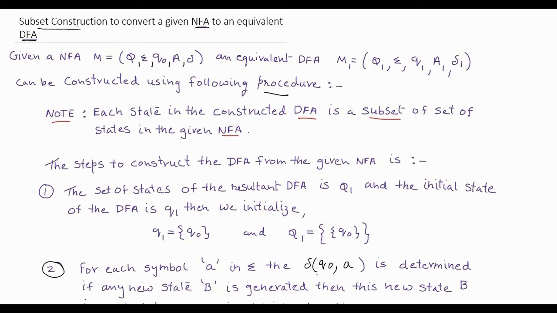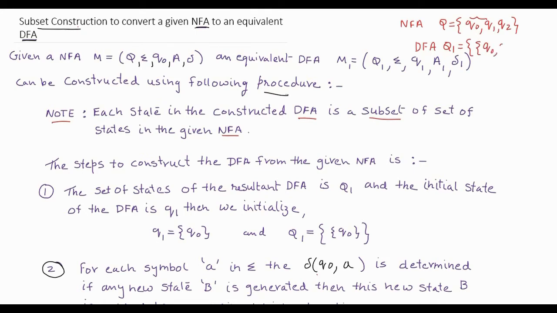So it simply means that suppose in my NFA the set of states, that is Q, happens to be q0, q1 and q2. Suppose these are the three states in the given NFA. Then in my resultant DFA, the set of states would be subsets of the states which are there in the NFA. It could be any subset. For example, two or more states can be combined.